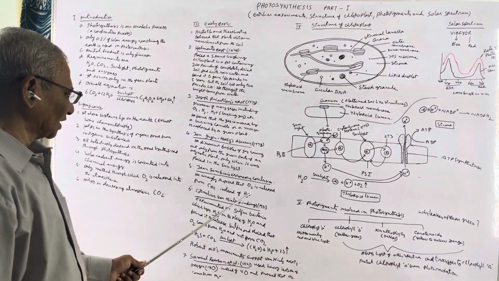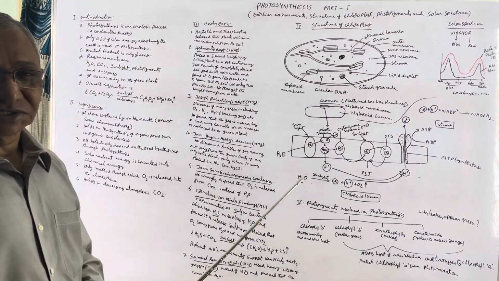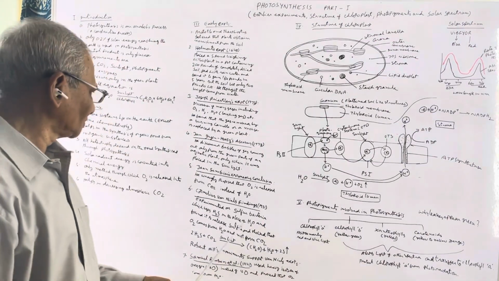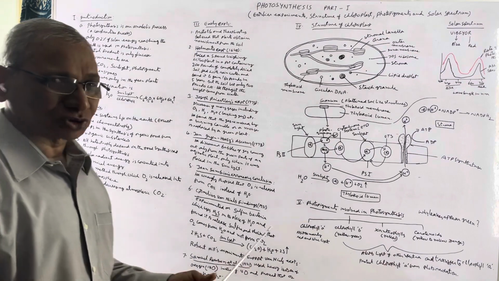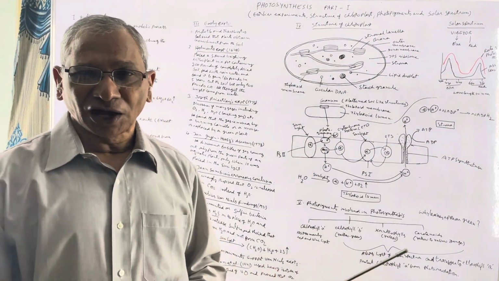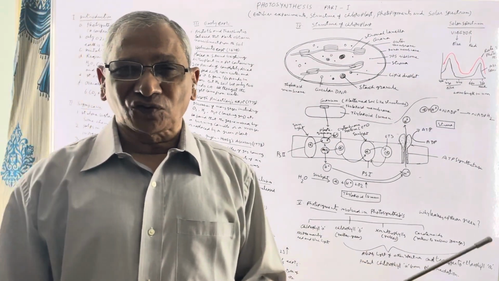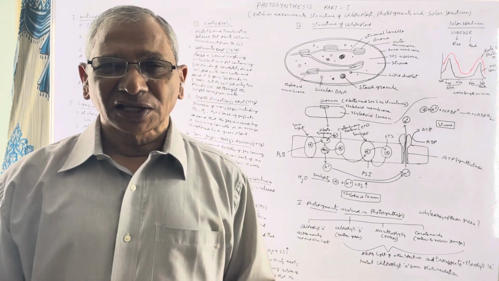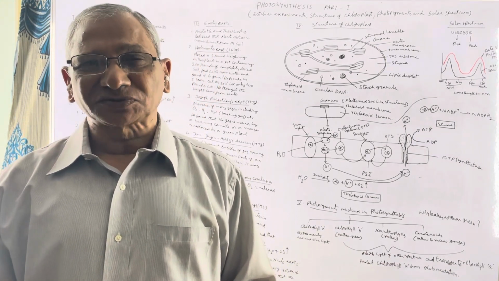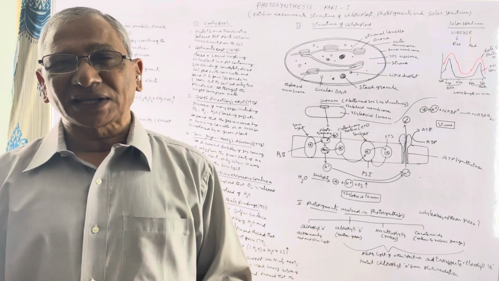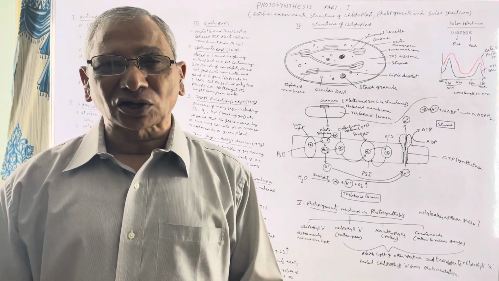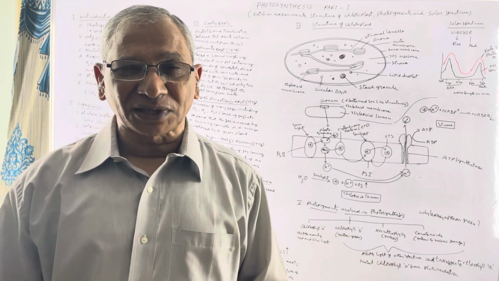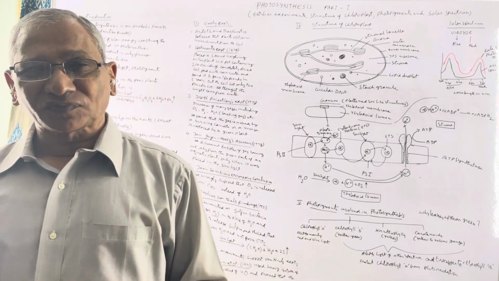Then, Jean Senebier's erroneous experiment. He proposed one theory. I have told you, during photosynthesis, oxygen is released into the atmosphere. Then the question arises, from which component is the oxygen released? Is it coming out from the carbon dioxide or from water?